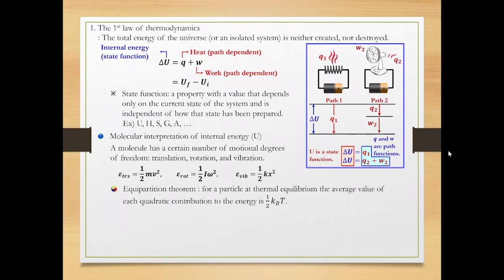The classical equipartition theorem states that for a particle at thermal equilibrium, the average value of each quadratic contribution to the energy is 1/2 kBT. It implies that every individual motional energy represented by 1/2 mv squared, 1/2 I omega squared, and 1/2 kx squared is equivalent to 1/2 kBT.